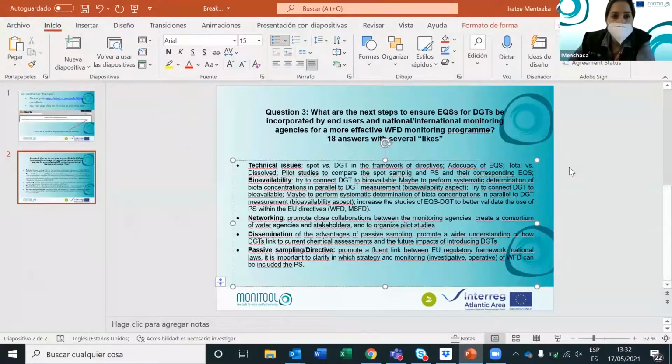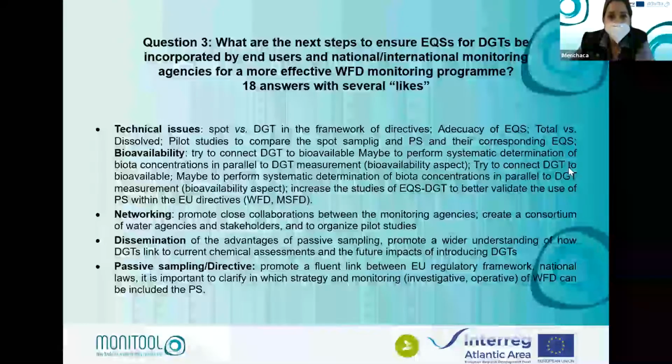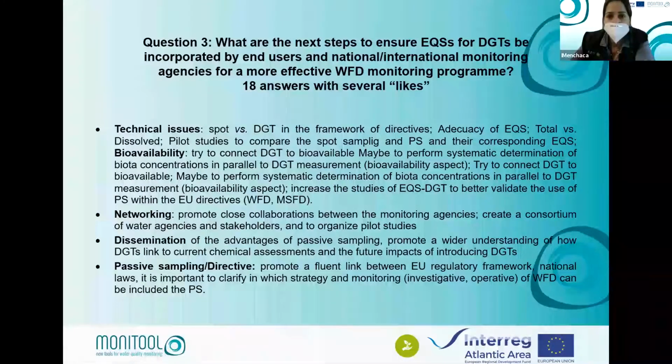From the third question, in relation to what are the next steps to ensure the EQS for DGTs be incorporated by end users and national and international monitoring agencies for a more effective Water Framework Directive monitoring program, we received 18 answers with several likes, and we grouped these 18 answers in 4 main groups. The first group is in relation to the technical issue.